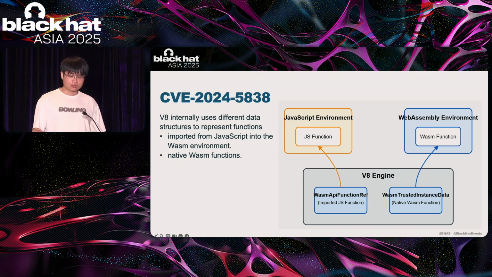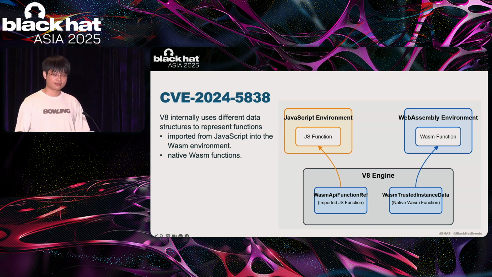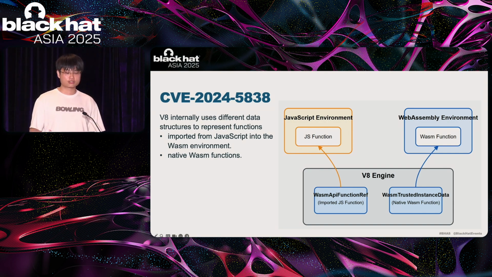We found that V8 handles imported JS functions differently from native WebAssembly functions within its WebAssembly-related logic. Specifically, V8 uses WasmApiFunctionRef to store metadata for imported JS functions, while WasmTrustedInstanceData represents native WebAssembly functions.